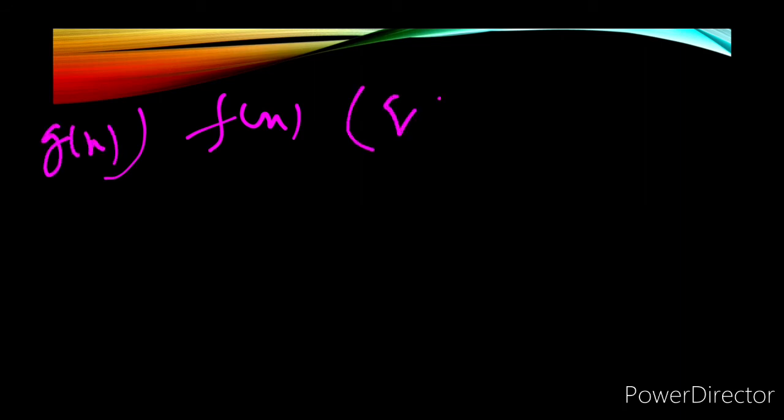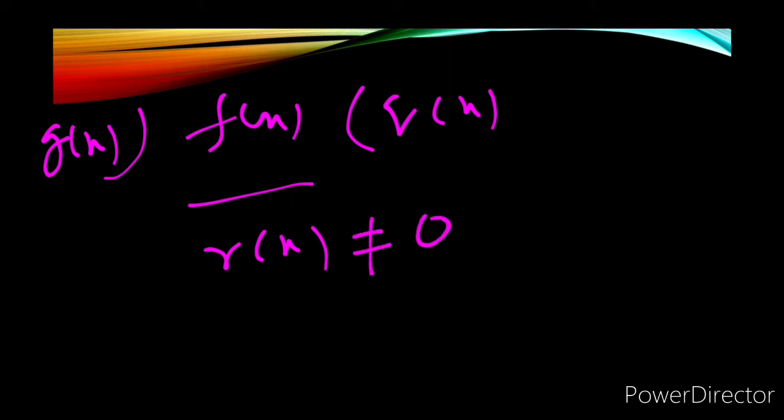That is, if we divide f of x by g of x, we get quotient q of x, then remainder r of x. If this r of x is not equal to 0, if we get a non-zero remainder, then we have to divide this g of x by r of x.